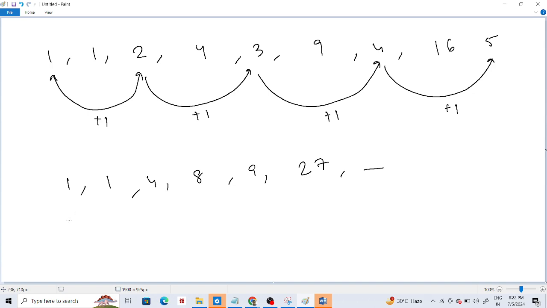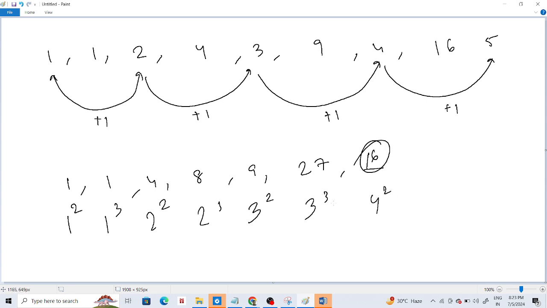Okay, let us see. If I write down 1 square, 2 square, 3 square, and 1 cube, 2 cube, 3 cube, so what will be this one? 4 square, 16. It's a mixture of square and cube series. Last time we did this type of sum, if you remember.